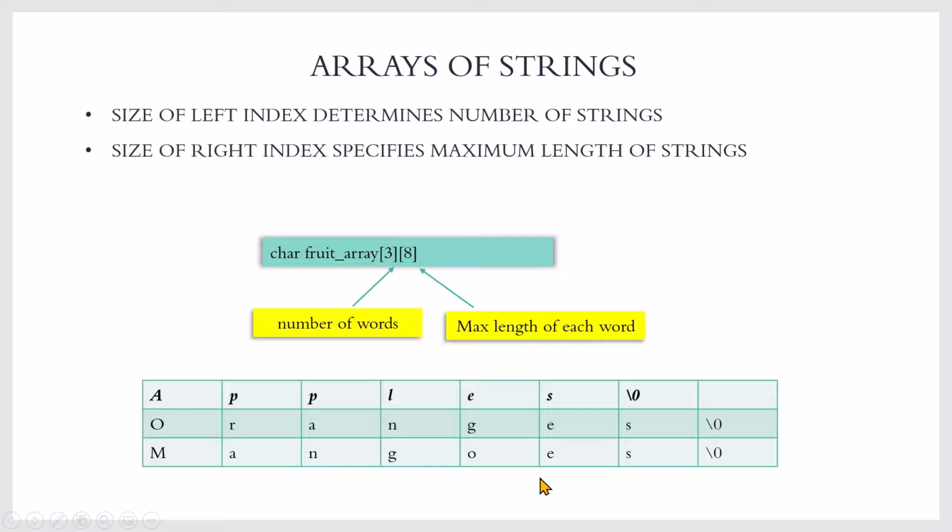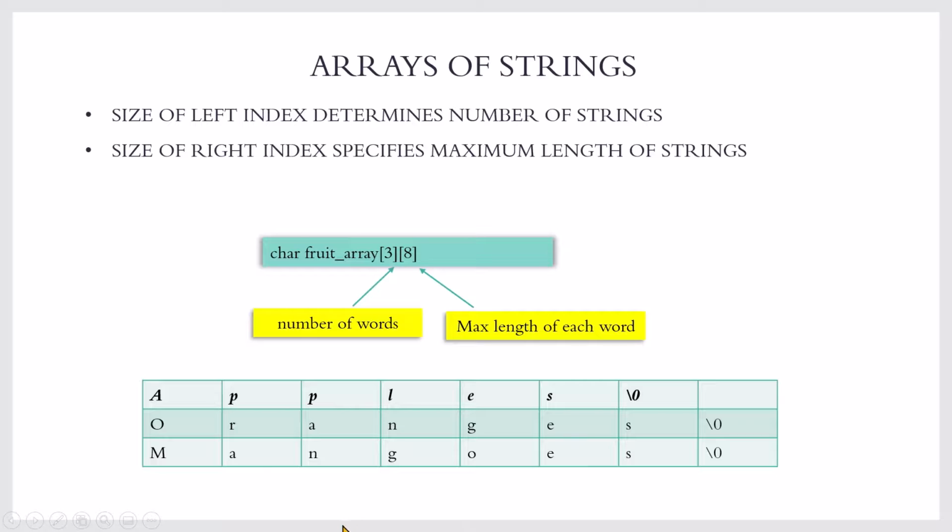And so we could have char fruit array where we have 3 rows and 8 columns, meaning there's going to be 3 words and each word is going to be 8 characters at the maximum length. Right? And so you can see here we have 3 rows and we have 8 columns.